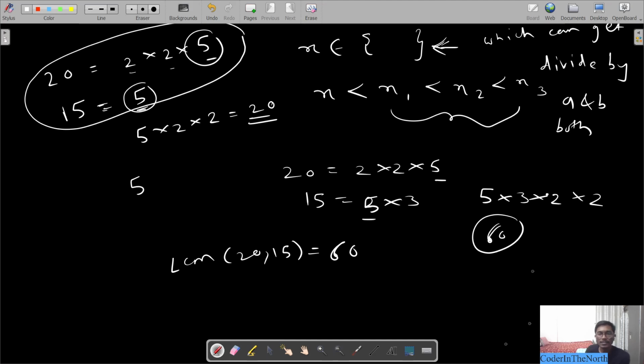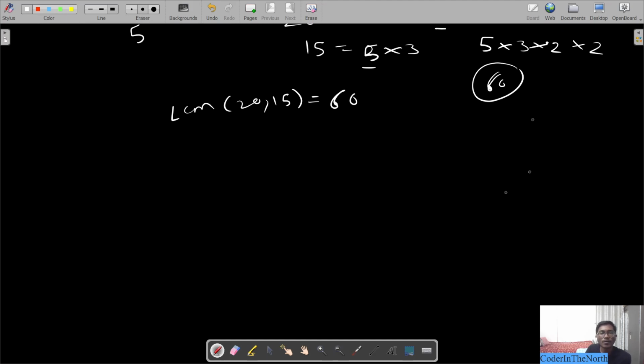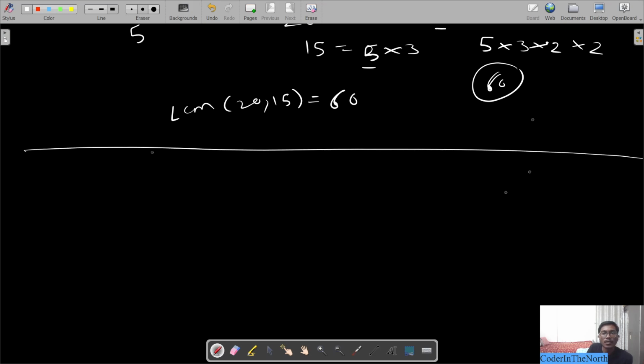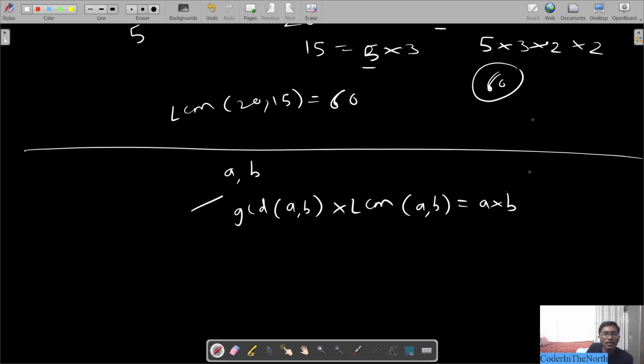So here's a general formula for LCM and GCD. It's a kind of relationship: if I have numbers A and B, then GCD of A comma B into LCM of A comma B will always be A into B. This is the formula, and using this formula we find out the GCD of a number, and if we want LCM we use this formula.